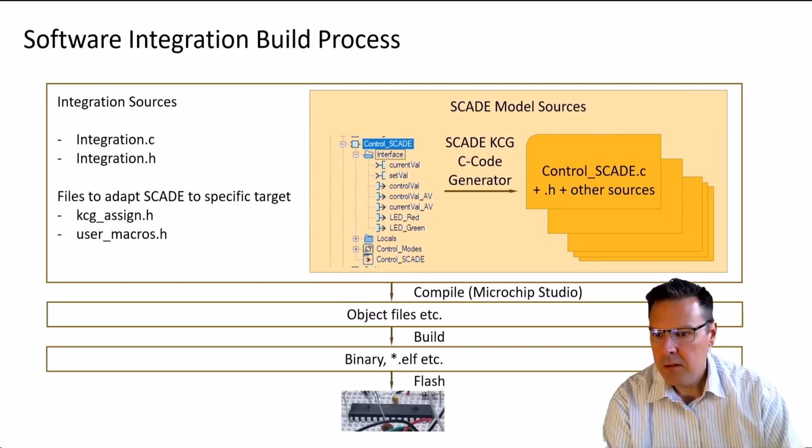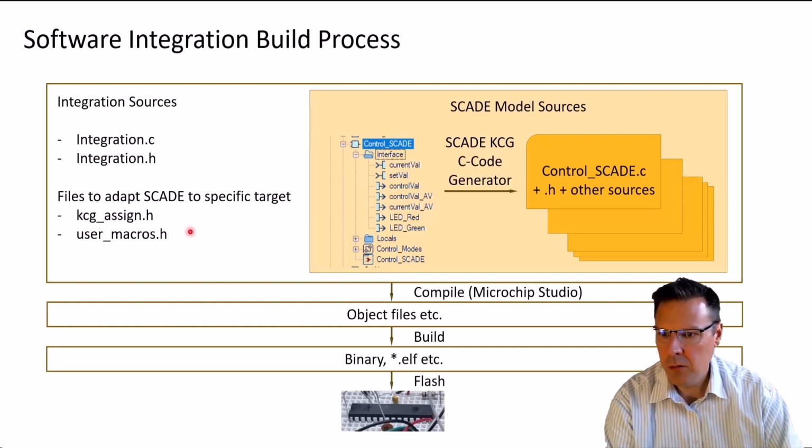Yeah, and the build process is pretty straightforward then. We need 2 additional files from the SCADE world to work well with the integration: the KCG assign and the user macros.